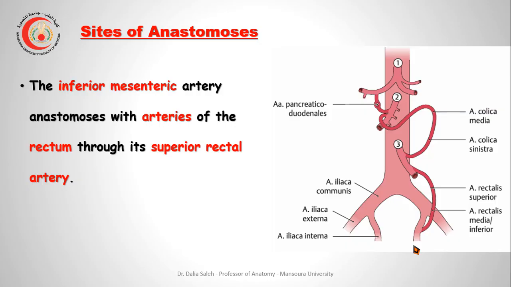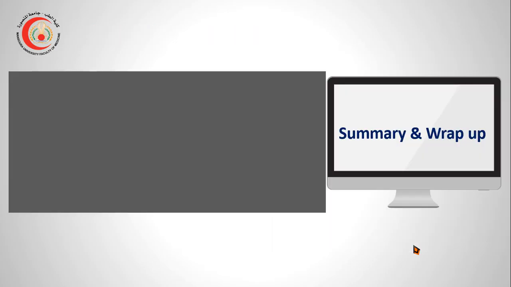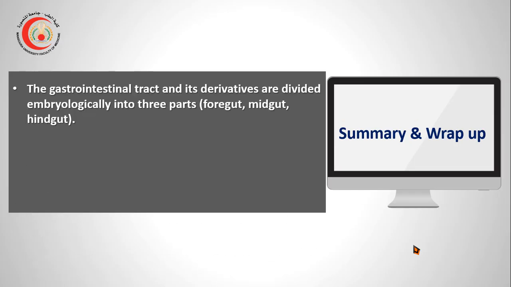To summarize the lecture, we should know the following information. The gastrointestinal tract and its derivatives are divided embryologically into three parts: the foregut, the midgut, and the hindgut.